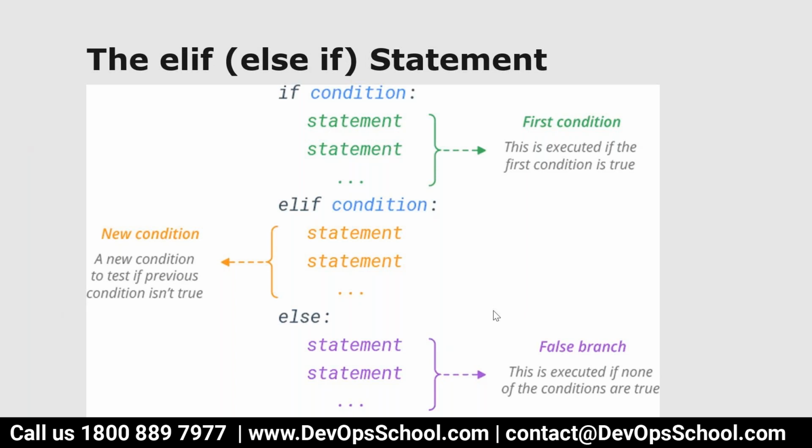If the statement is true, then do this. If that is true, then do that. Else do something else. That means the last one. So that is the elif statement.